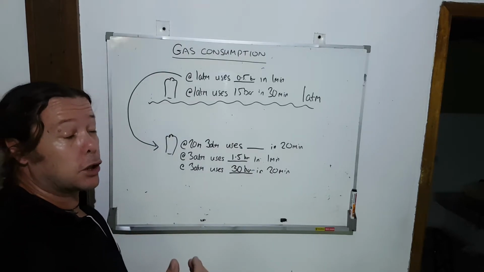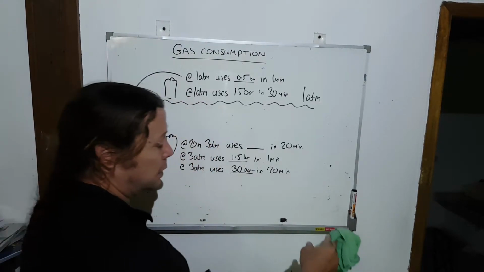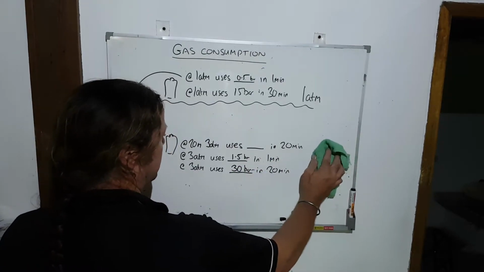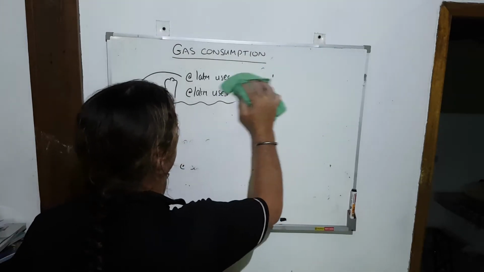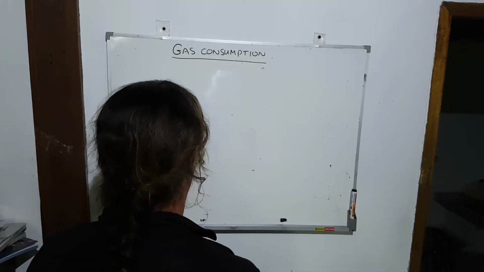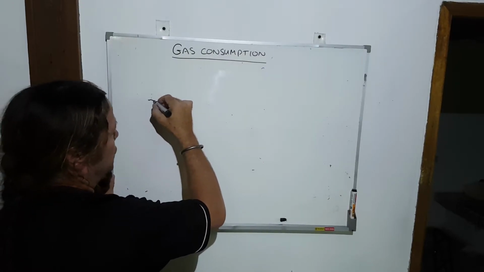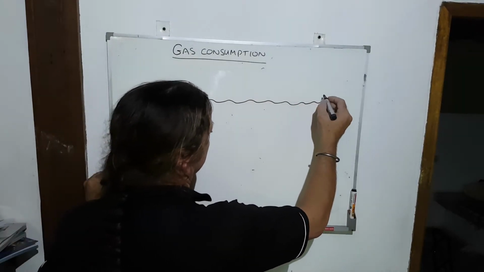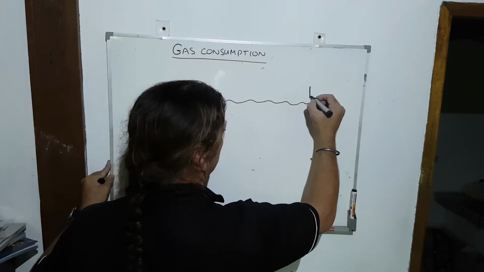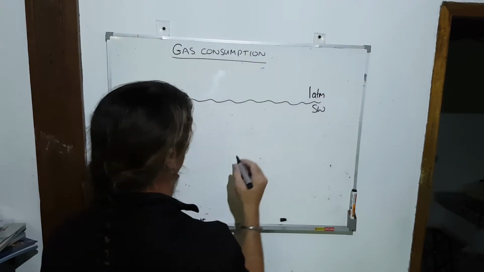Okay, now let's go one stage further and take it from one place underwater to another. I'll use slightly more complicated numbers this time. Okay, in salt water again, and again we have 1 atmosphere.